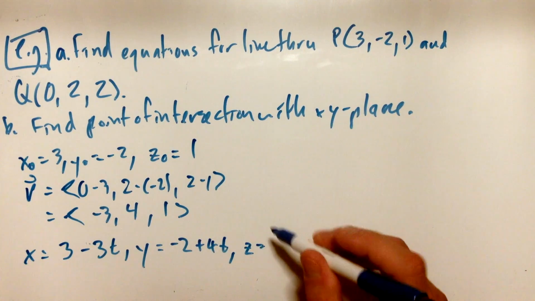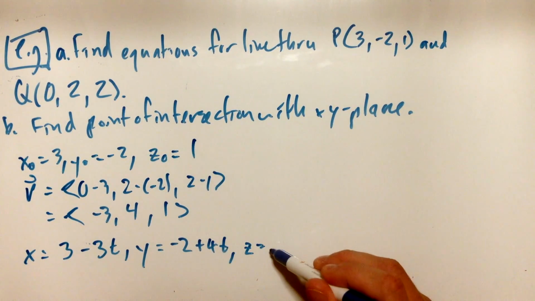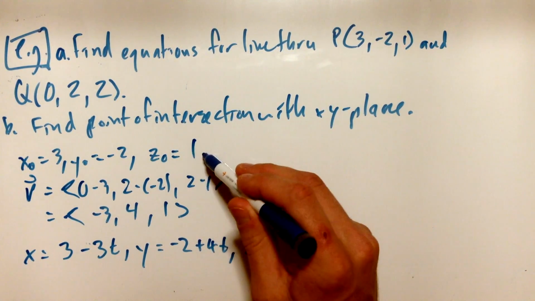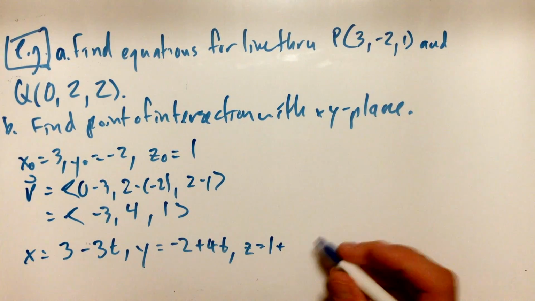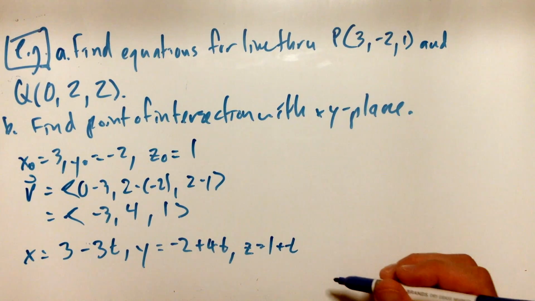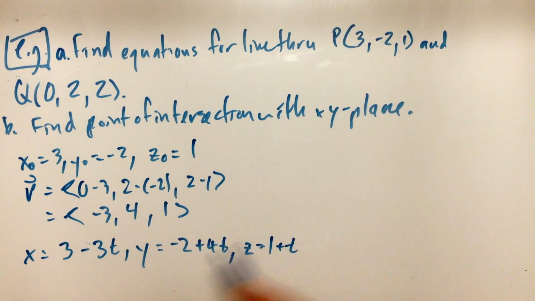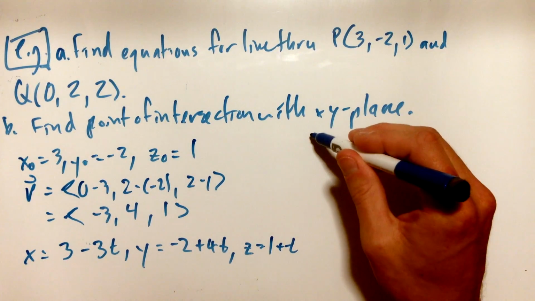And z is equal to z0, which is 1, plus c times t, and c is equal to 1. So great, this is a set of parametric equations. 3 minus 3t is x, y is -2 plus 4t, and z is 1 plus t.